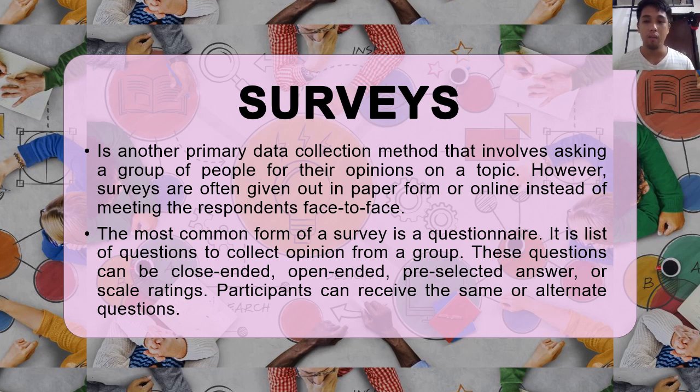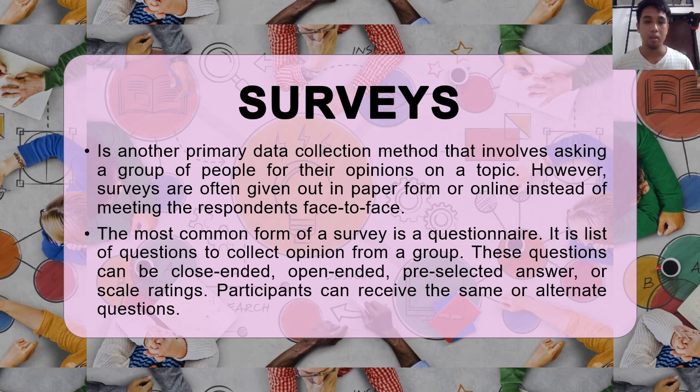So I believe that all of us are very familiar with surveys because we commonly receive them, especially in our schools when students are conducting their practical research. And nowadays, surveys can also be done through online platforms, especially by the use of Google Documents. We can just send it to our participants and gather data through online platforms.